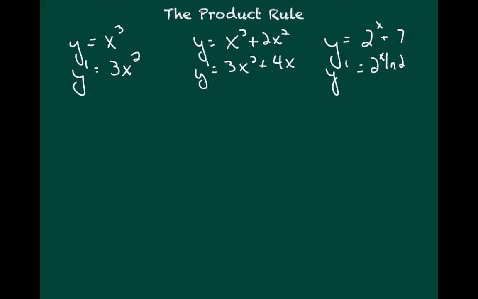But what happens if we get two functions that are multiplied together? So y equals something like 3x squared times 2 to the x. It's not as simple as just taking the derivative of each one. And so we have to apply something called the product rule.